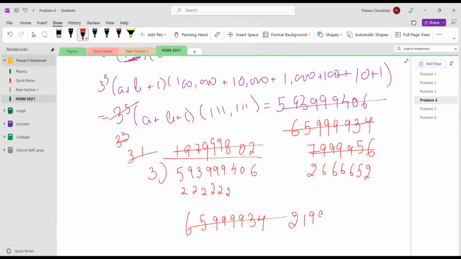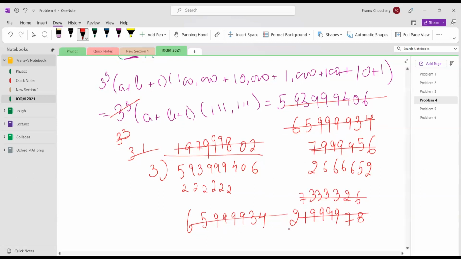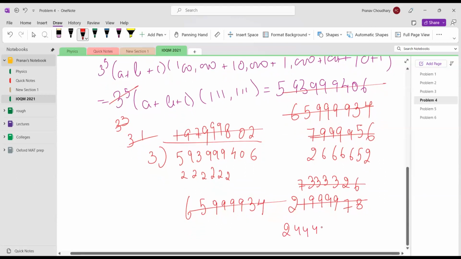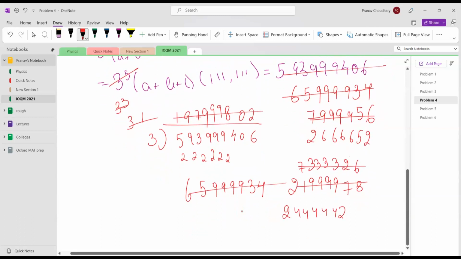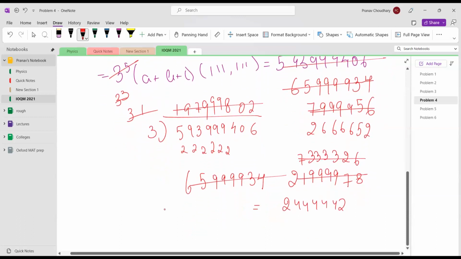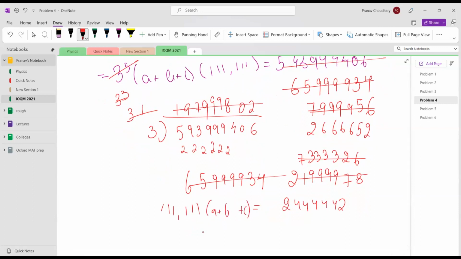I see the issue. Fine. And then it should be 2444442. Yeah. So this should be equal to 111111 times A plus B plus C.